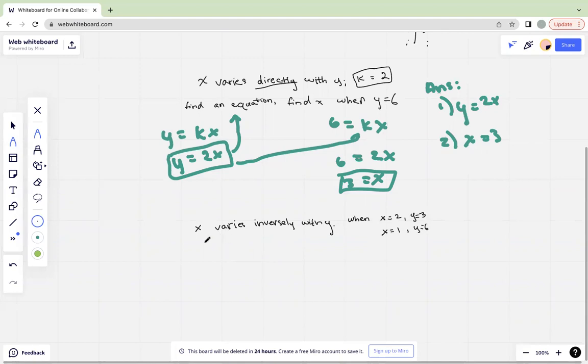So our questions are then going to be, find an equation that models this scenario.